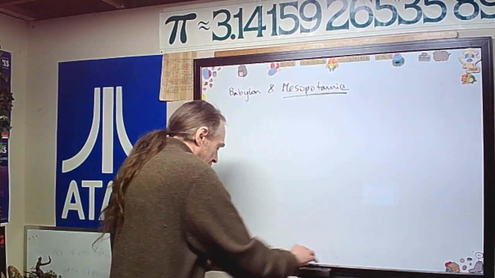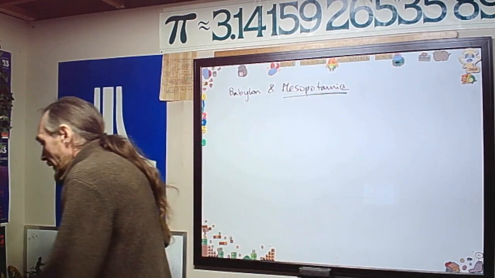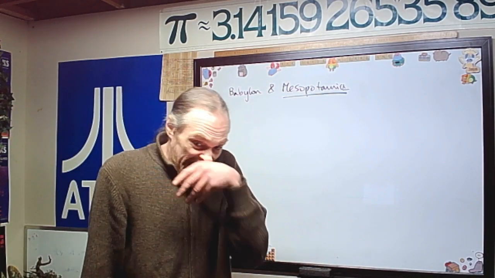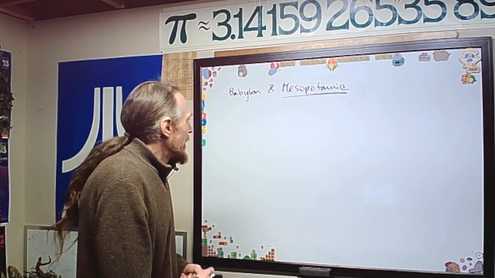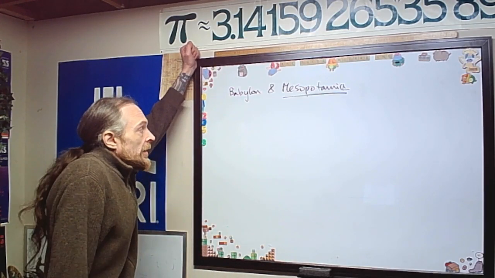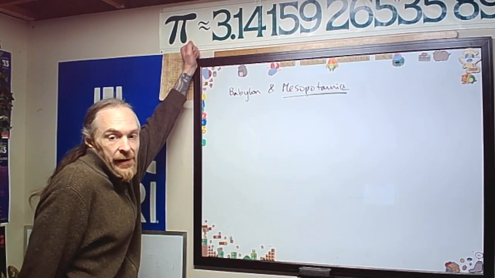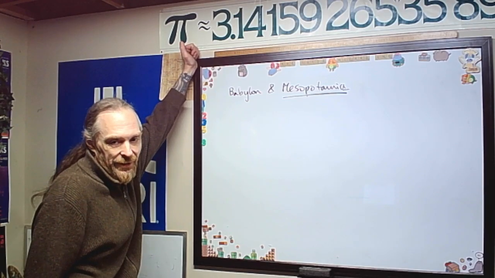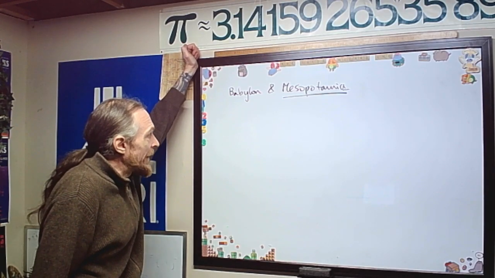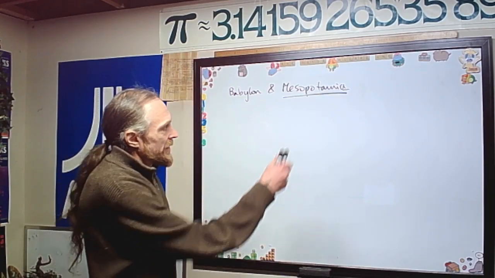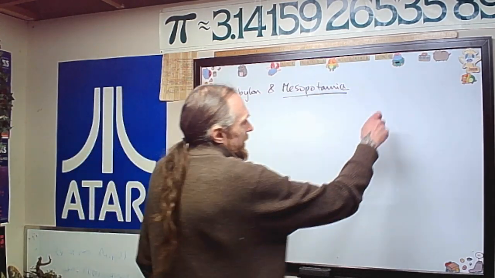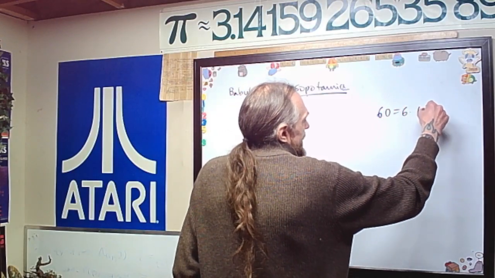All right, so let's talk about Babylon and Mesopotamia. The Babylonians are using base 60. In most of the history books that I read, they start off with Egypt first, but this is all going on concurrently. And I pick Babylon and Mesopotamia first because the Egyptians realized that the Babylonians had base 60, but 60 is 6 times 10.